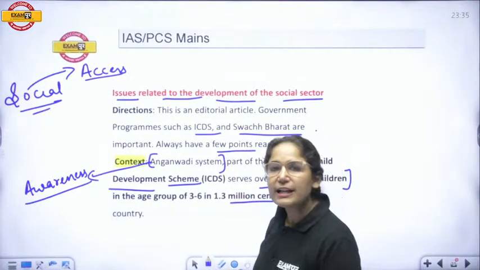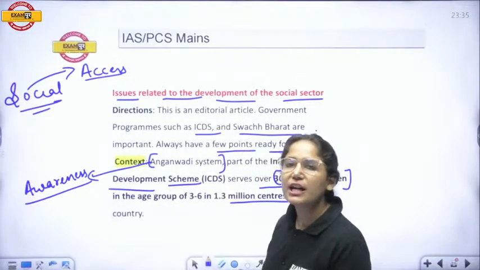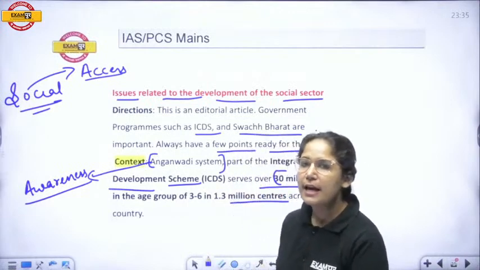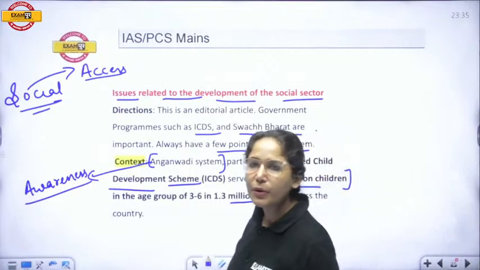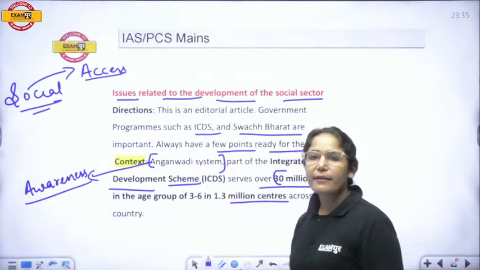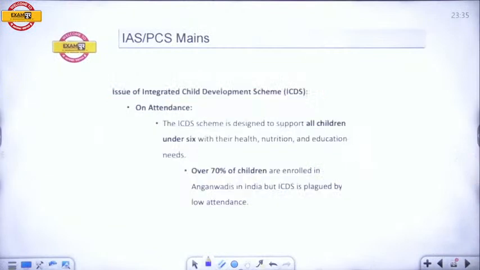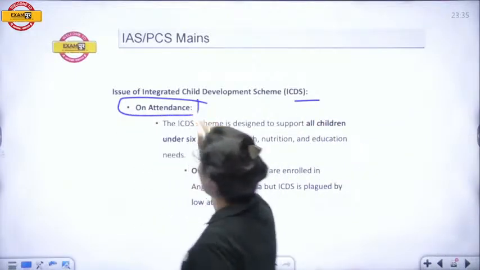And for that aspect, before going further, for any program, the first aim should not be implementation, but to spread awareness about the scheme, so that people get to know about the program and have access to it. Next is all about issues of the Integrated Child Development Scheme on attendance.